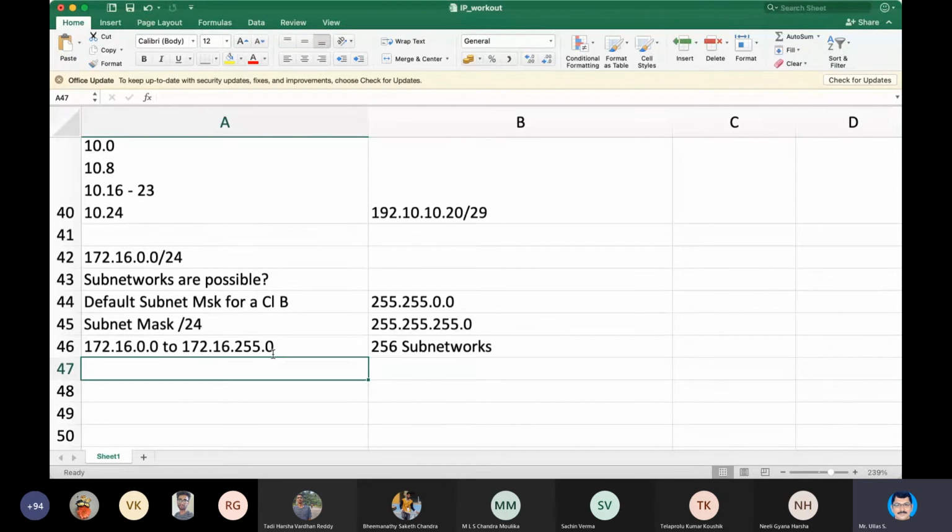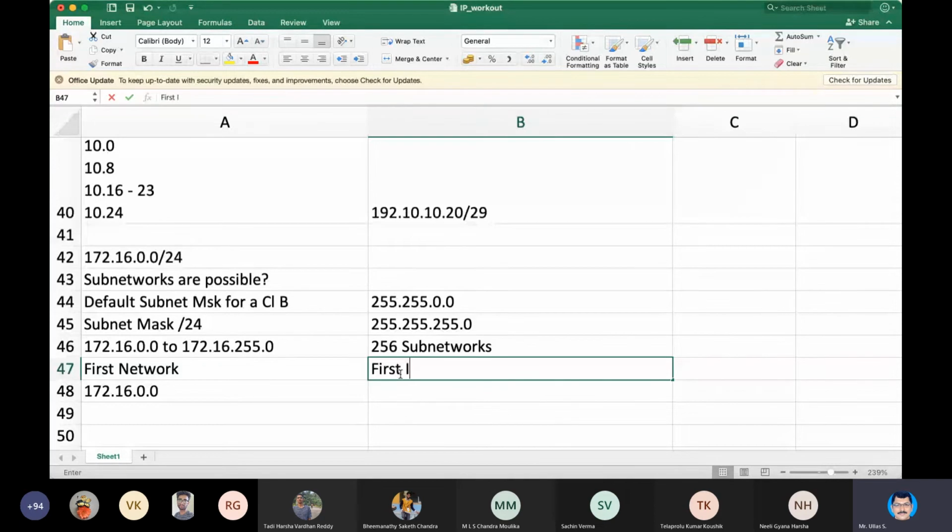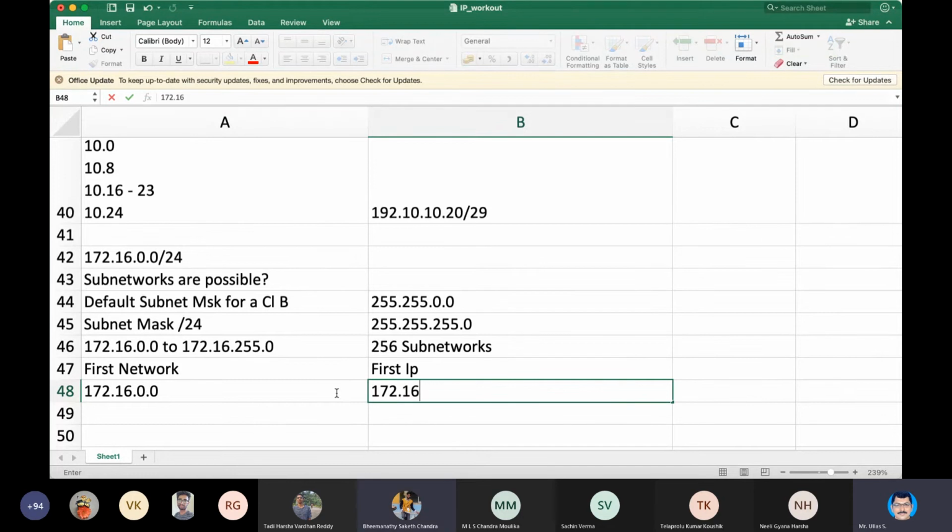So what is the first network address? First network is 172.16.0.0. Okay. What is the first IP possible? 172.16.0.1.